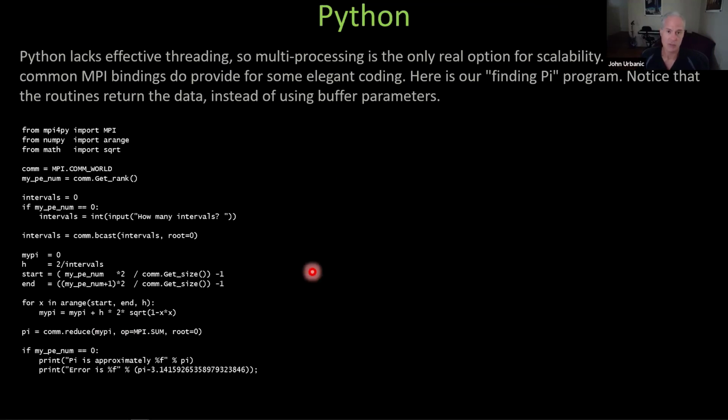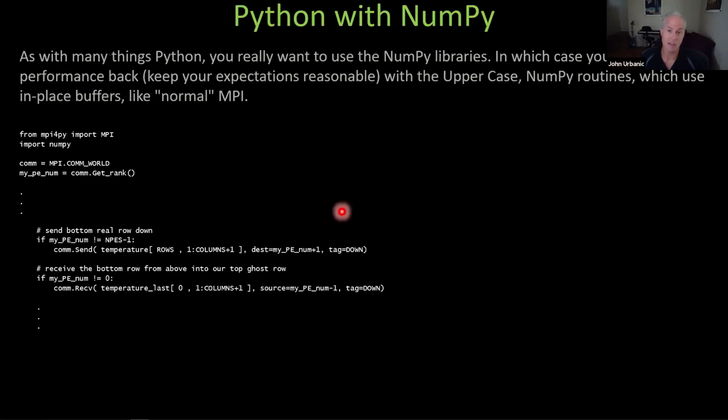However, like all things with Python, if you're really trying to do anything numerical, you want to be using NumPy. You don't ever want to be trying to do any kind of math in straight Python. NumPy has a slightly different interface. It looks more like the things we've been talking about for the past day for MPI, which uses buffers, so it does things in place.